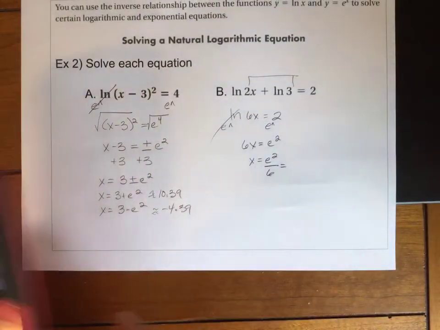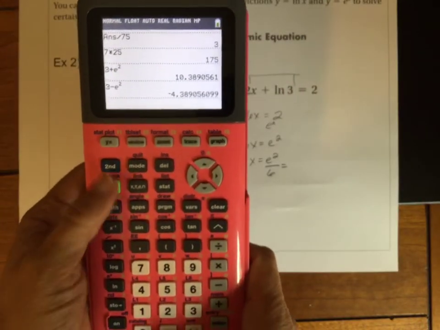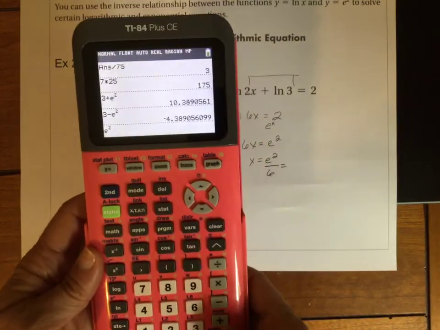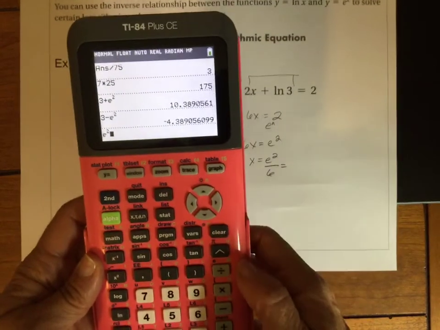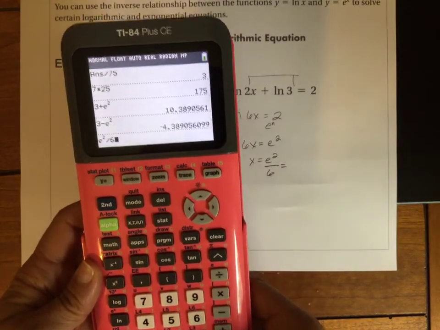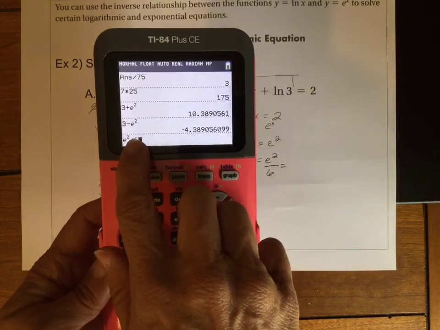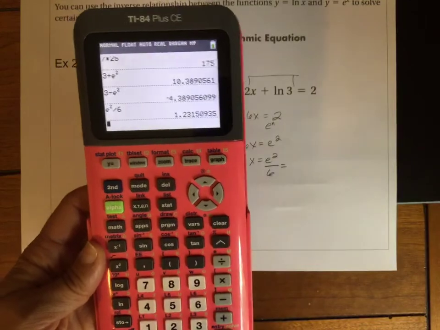Again, this is the exact answer. Your approximate answer is going to be that second natural log, e squared, and then I'm going to divide by 6. So notice I want to make sure that divide by 6 isn't in my superscript, and I get about 1.23.